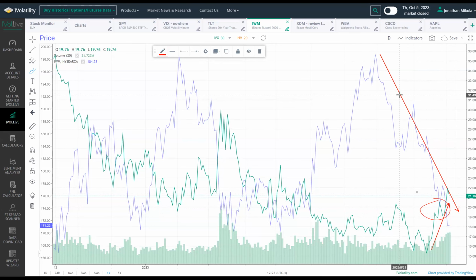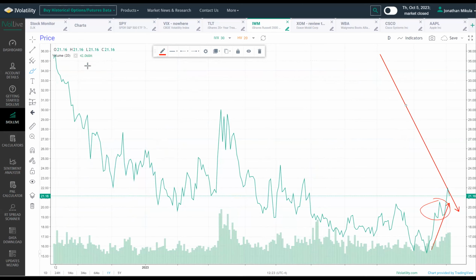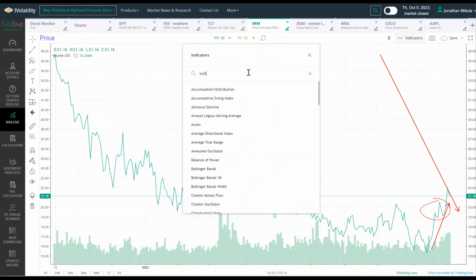Before we go into the options chain, though, what also caught my attention for this trade setup is that if we eliminate share price, which is one of my favorite things to do, to cut out all the noise and only look at implied volatility, we can do that with this view. That red line wants to stay for us here, but we can add any technical indicators we want.